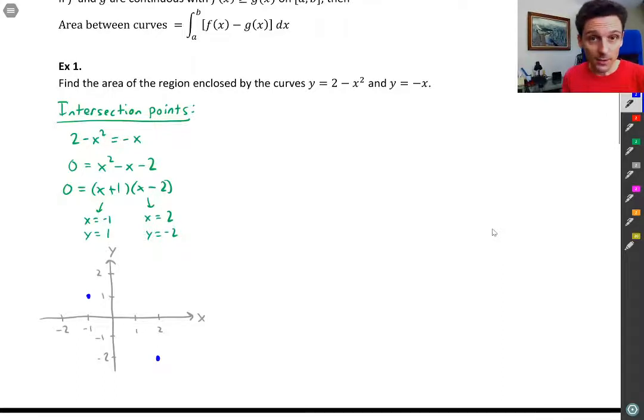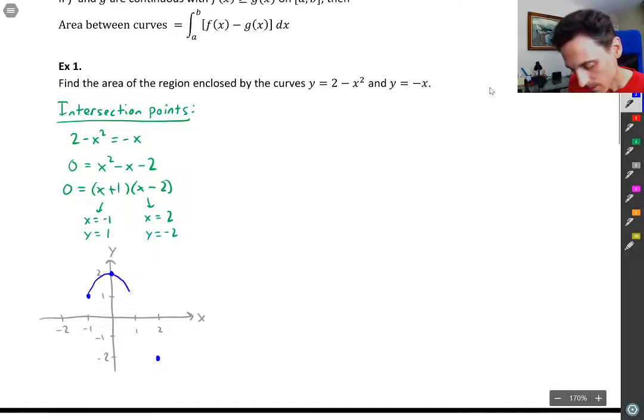Now we know that for one of them, we've got this parabola that's opening down and has the vertex, or the y-intercept and the vertex are going to be the same point here, at 0, 2. So we can actually put 0, 2 right here as the vertex of that parabola, and then try to connect these using some kind of nice looking parabola.